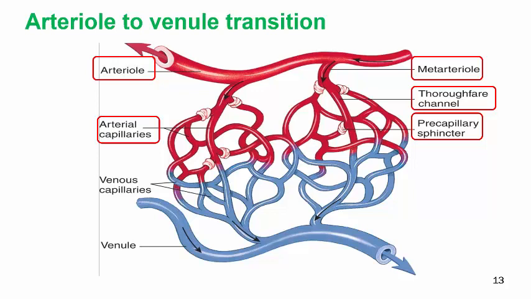Of course, if this smooth muscle is contracted, it will decrease the diameter of the vessel, increasing resistance to flow. The transition from red to blue suggests that oxygen molecules, not all of them, leave the cardiovascular system and enter the tissues, at which point carbon dioxide produced by the tissues will leave the tissues and move into the venous capillaries.